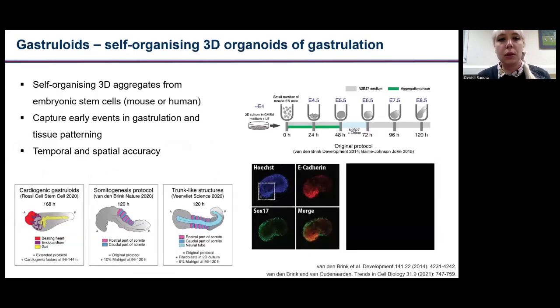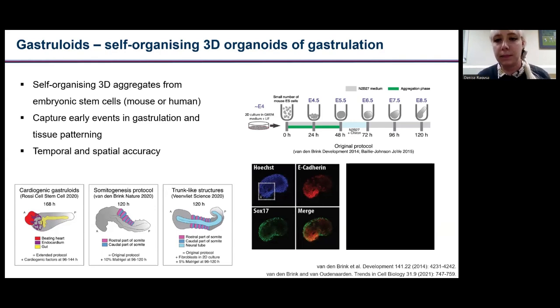One example of such models is gastruloids, which are self-organizing 3D organoid models of gastrulation. So really early developmental processes that we can now mimic in a 3D culture in a normal 96-well plate. Gastruloids are defined as self-organizing 3D aggregates. They start from a normal 2D culture of embryonic stem cells, which could be mouse or human, and they will self-assemble in vitro.